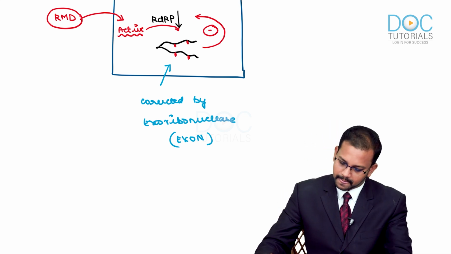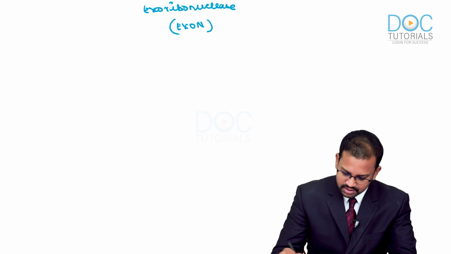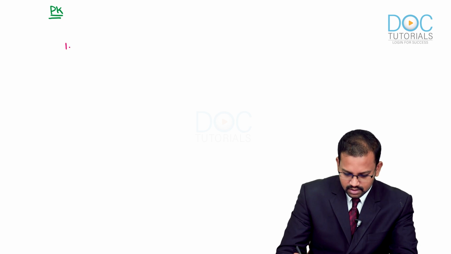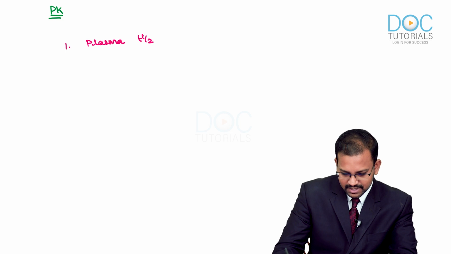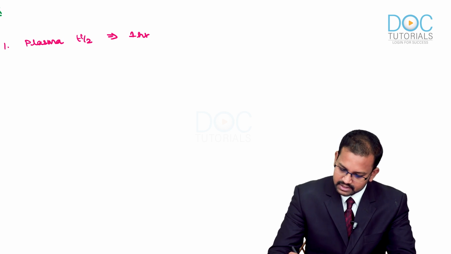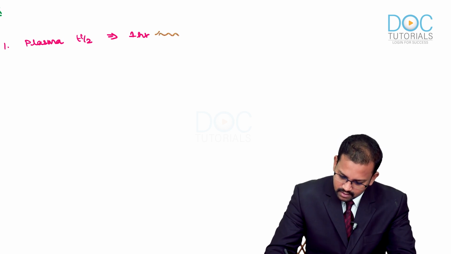Clear, mate? Now, let's talk about certain salient features of these drugs, that is your pharmacokinetic features. Pharmacokinetic features, the first one, what's the plasma T-half? The plasma T-half of this drug is around 1 hour. We're going to find out the reasons behind every individual complex. And why is it 1 hour? Why is it 1 hour?